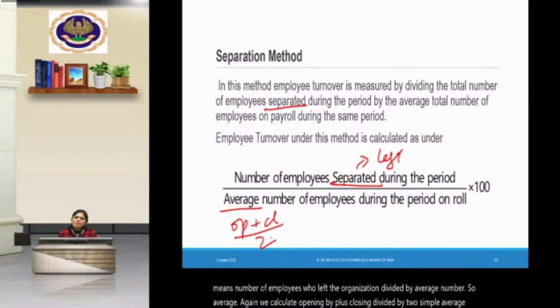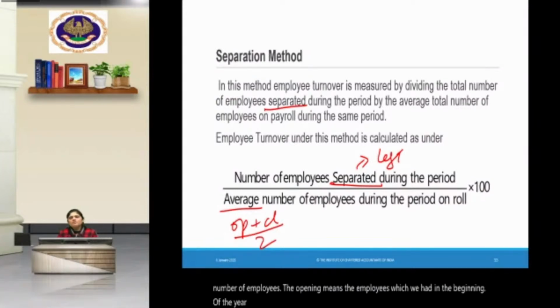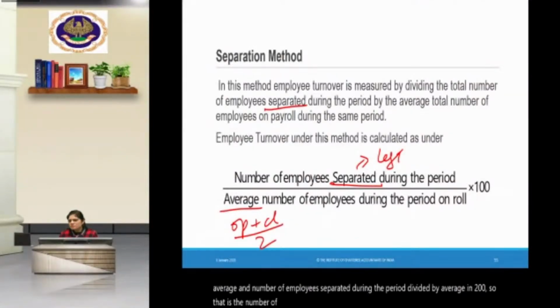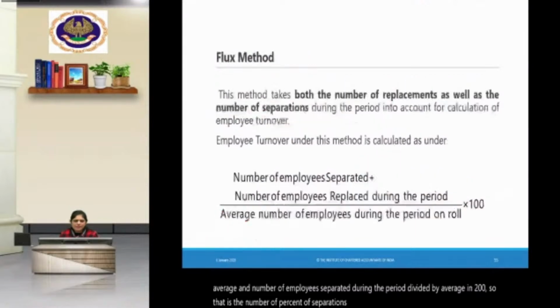The opening means the employees we had at the beginning of the year, plus the employees we have at the end of the year, divided by 2. And the number of employees separated during the period divided by average into 100. So that is the percentage of separations, those who leave the organization.